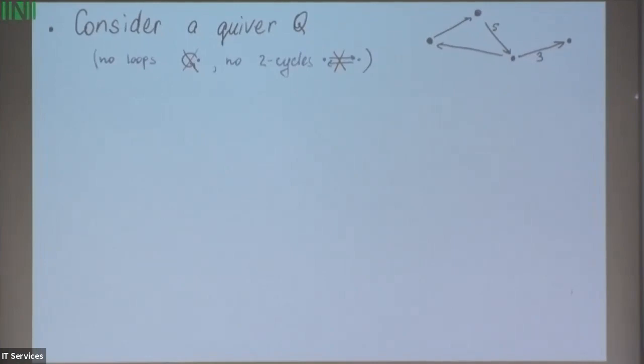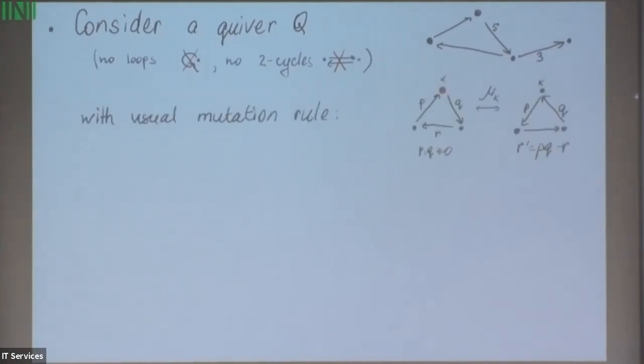So usual mutation rules, and the usual question: when is the quiver mutation finite? Of course, we know the answer since many years, so I am showing it here, but it will also appear on the screen in a couple of minutes.